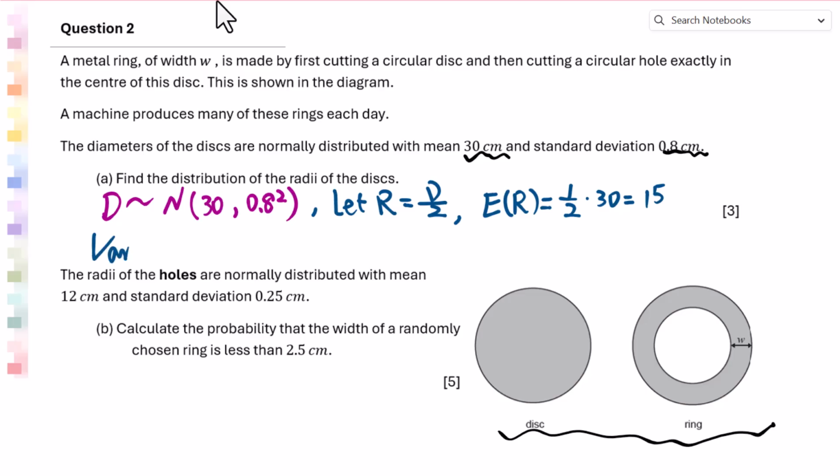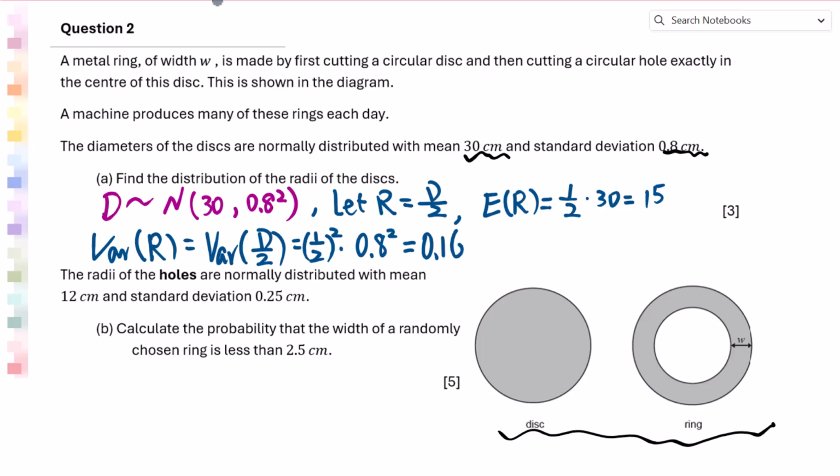And variance of R equals variance of D over 2 equals 1/2 squared times variance of D, which is 0.8 squared, equals 0.16. So R follows a normal distribution with mean 15 and variance 0.16.